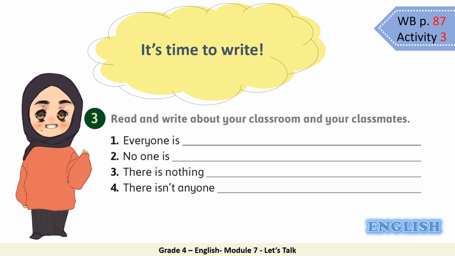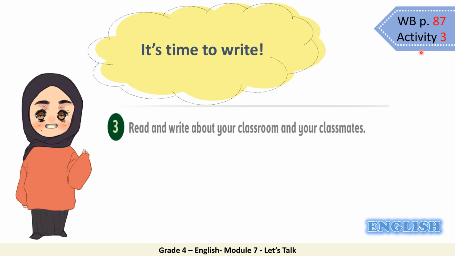And now it's time to write. Please keep your workbook open on page 87. Pay attention to activity number 3. Let's read the question together. Read and write about your classroom and your classmates. Let's do sentence number 1 together. Everyone is blank. You can fill the blank with anything you want.